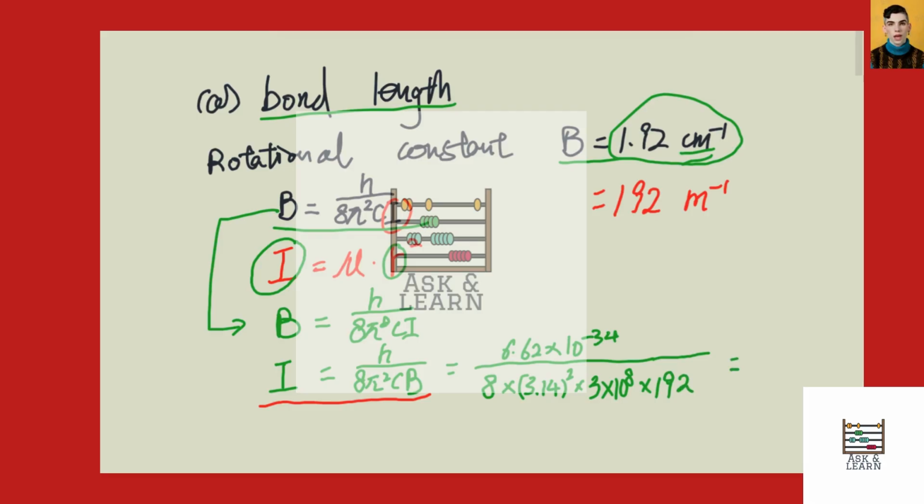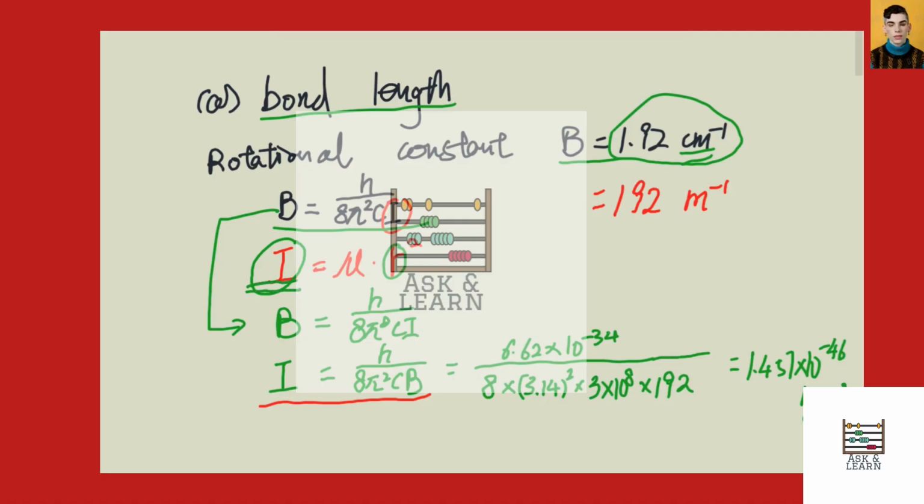And use your calculator, you can get the answer, which is 1.457 times 10 to the minus 46. And the unit is kilograms times meter square. Okay, so now we get the moment of inertia.